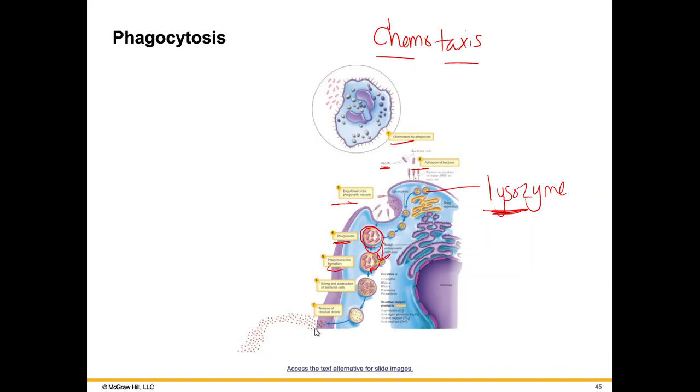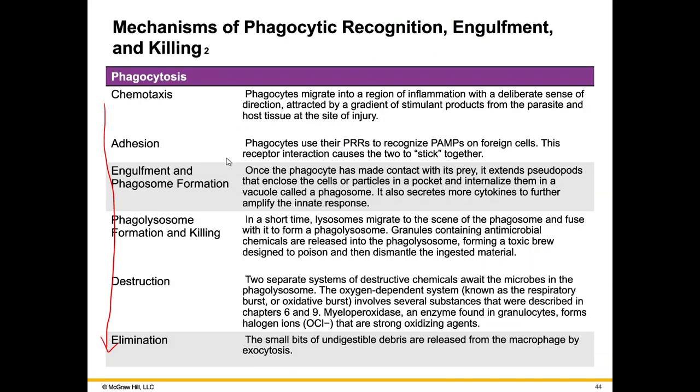All right, so again, that's the same thing we saw in this picture. With chemotaxis, our phagocytes are going to move to an area where there are damaged cells or infection. The phagocytes are going to use their receptor sites, the PRRs, to recognize the PAMPs on bacterial cells and cause engulfment.